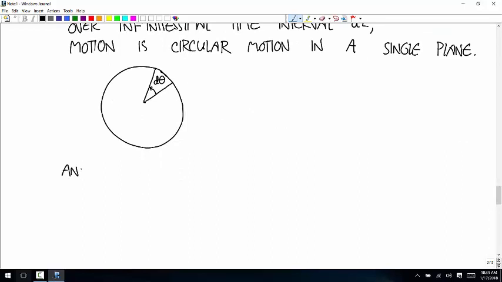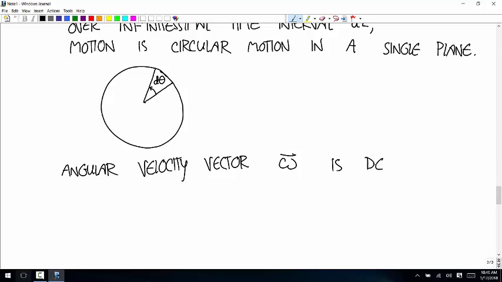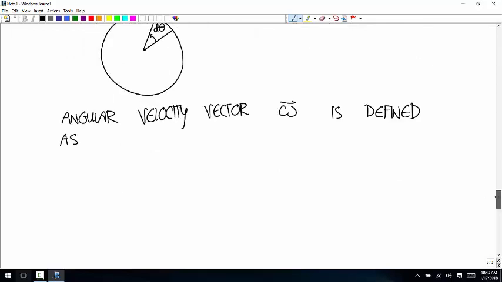Then the angular velocity vector, and that's lowercase omega, is defined as an absolute value of a magnitude scalar omega times a unit vector.